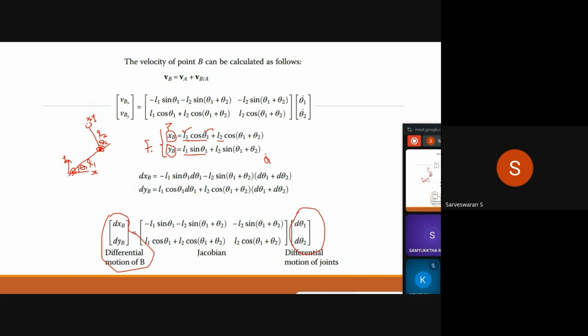So dxb and dyb will tell you what is my end effector velocity, how this end effector is moving. Based on that, the joint velocities also have to move relatively, and that factor is provided by the Jacobian. So this is a very basic concept of Jacobian, the very basic thing before moving into the dynamics part.